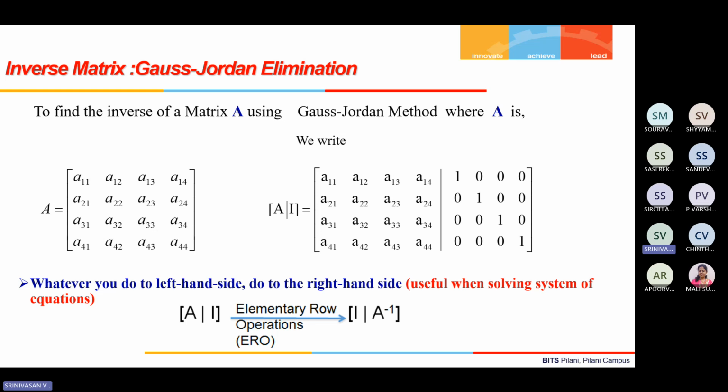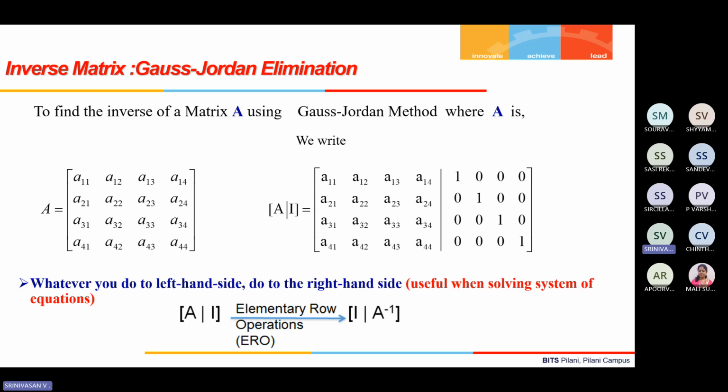This is useful when solving systems of equations too, which you are already familiar with. So A augmented with I, with elementary row operations (ERO), implies that you get another matrix now.